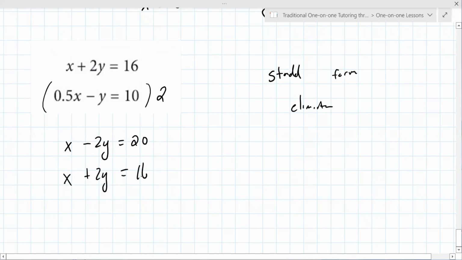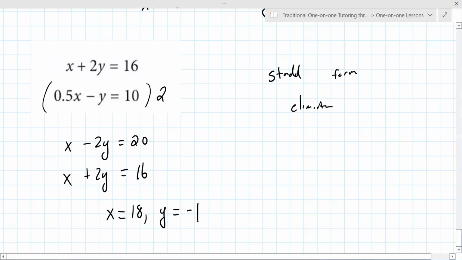So what I'd like you to do, Julie, is solve for x and then back solve this for y. x equals 18 and y equals -1.